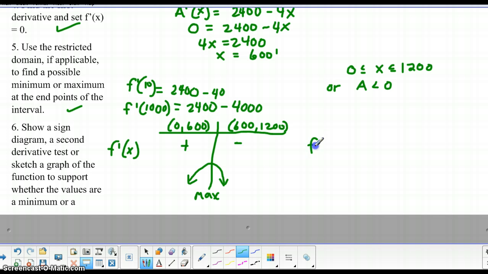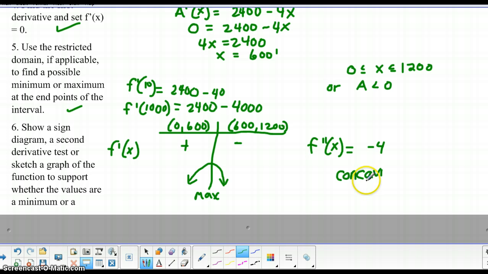If we wanted to use the second derivative to test it, first we'd have to find the second derivative, which is pretty easy in this case. Our first derivative is 2400 minus 4x, so our second derivative is negative 4. We won't have any x value to plug in, and since this is a negative, when my second derivative is negative, it's showing it's concave down.